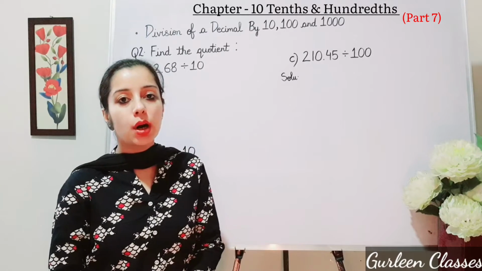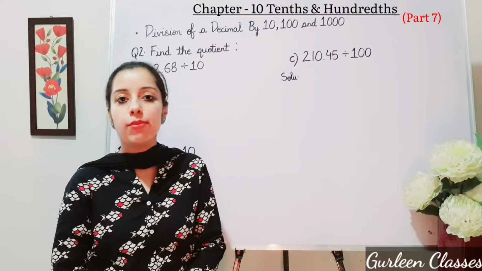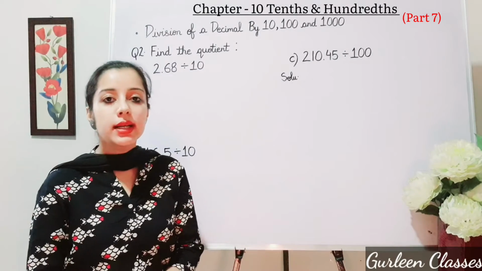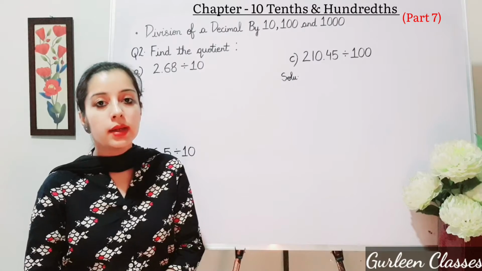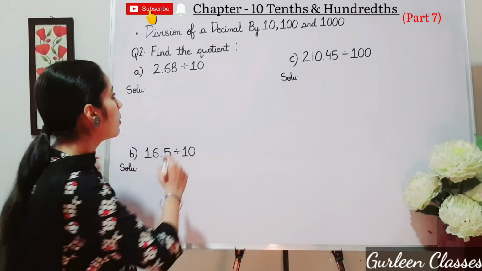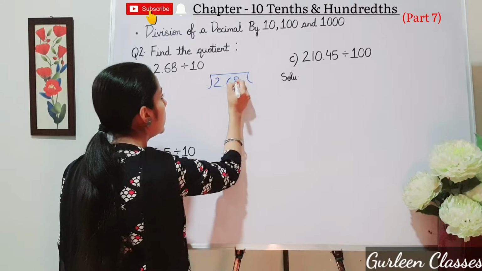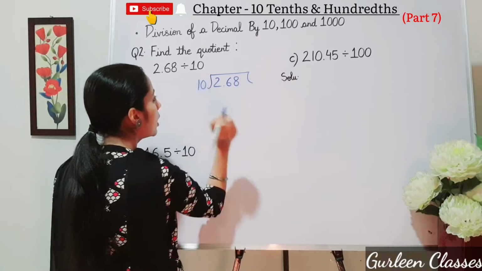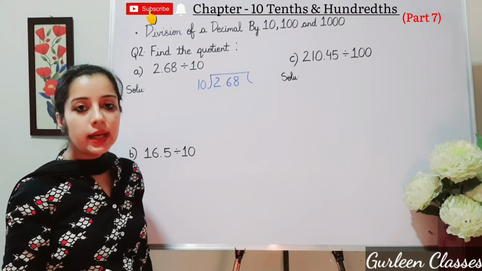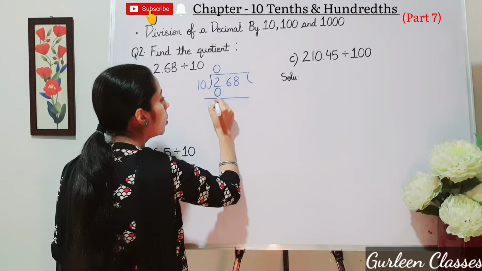Next topic, division of a decimal by 10, 100 and 1000. Question number 2 is same, find the quotient. A part: 2.68 divided by 10. So let us divide this by long division method. Here 2.68 is the dividend and 10 is the divisor. First we will divide the whole number part before the decimal point. 2 is smaller than 10, so it will be 0. 10 zeros are 0. 2 minus 0, 2.